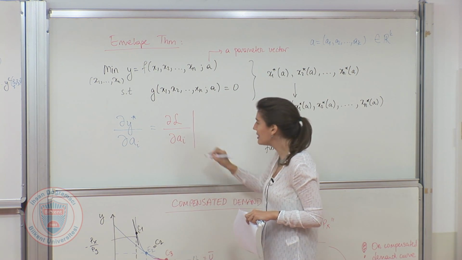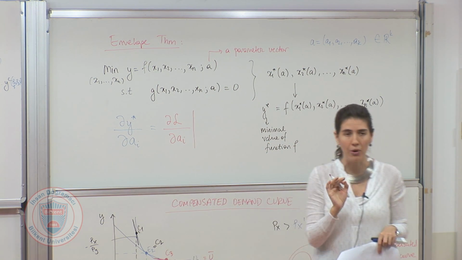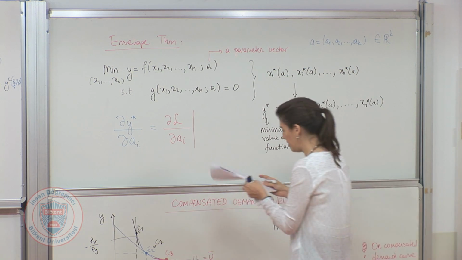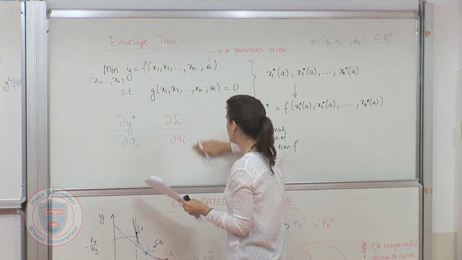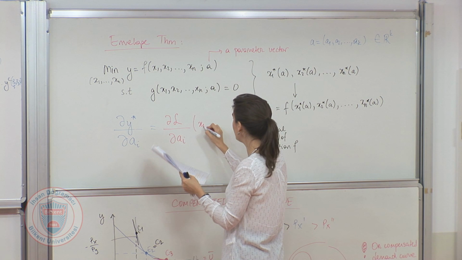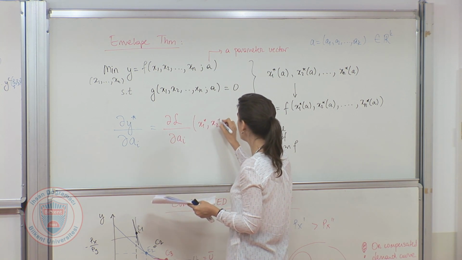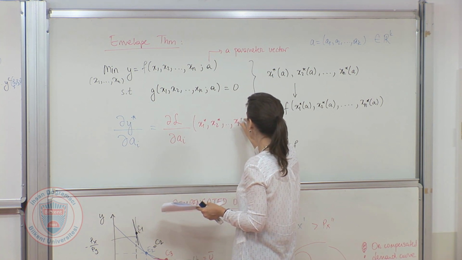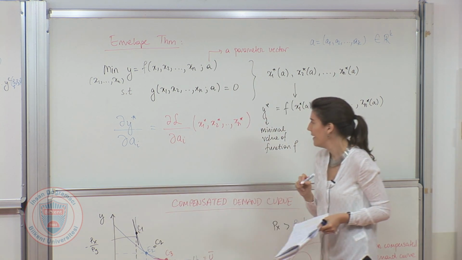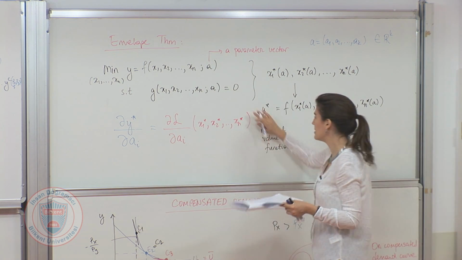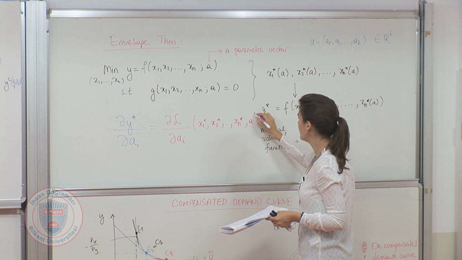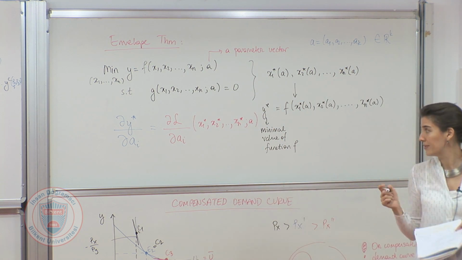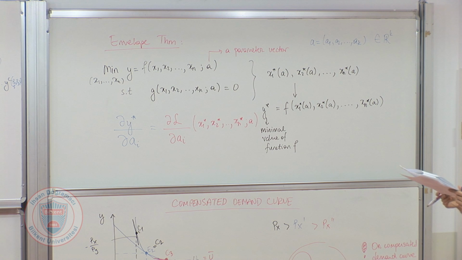Then evaluate this derivative at the optimal points, x2 star, xn star, okay? So basically, it is the case. This is what envelope theorem says.